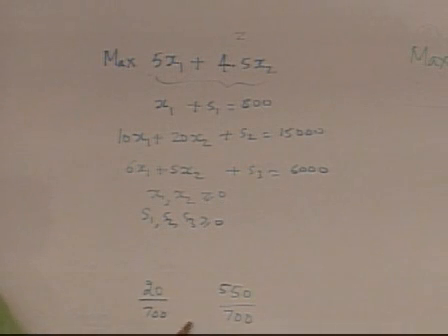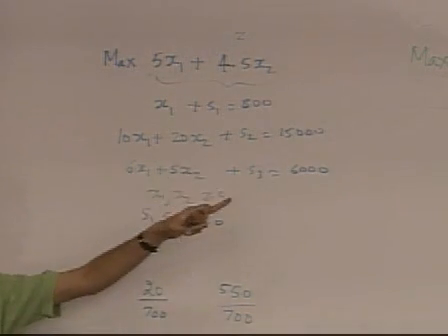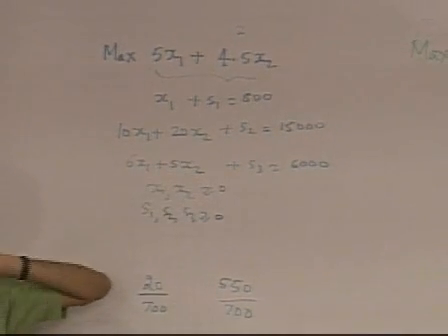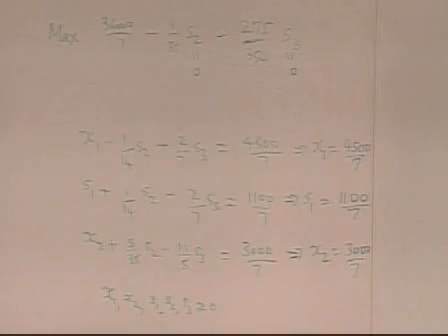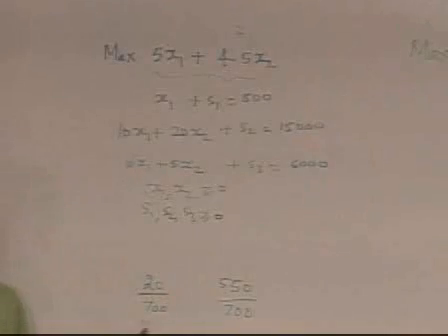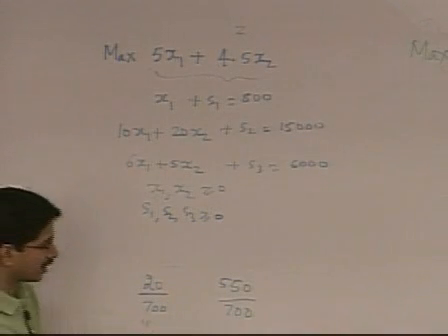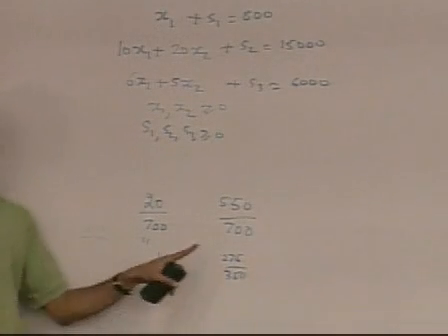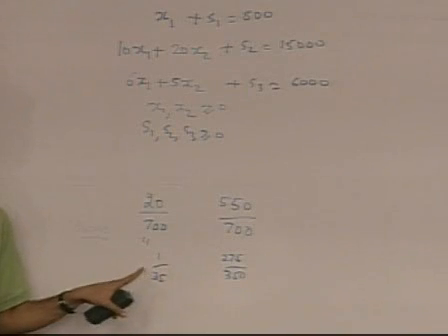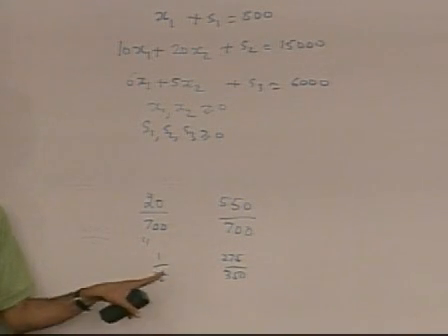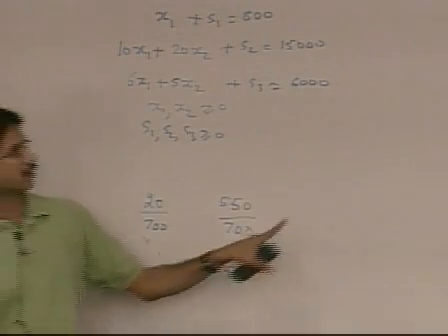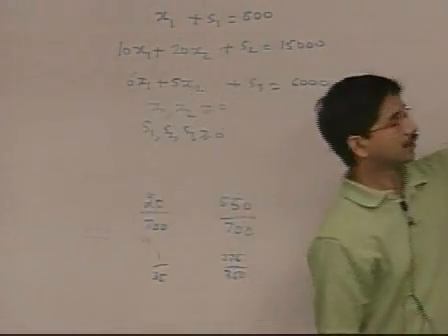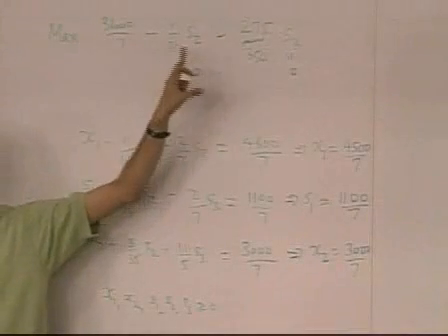Do people see these numbers in that representation somewhere? So this, if you simplify, is just 1 over 35. And this, if you simplify, is 275 over 350. You see them here.